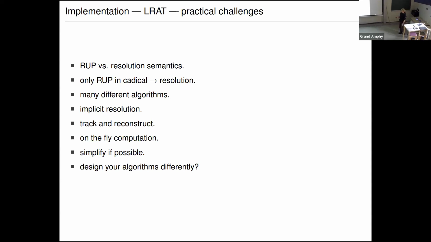I may also simplify algorithms in the sense that it makes it simpler to produce resolution proofs on the fly. So this is kind of an open question, and I feel like this approach of going into the solver afterwards to do the proofs is not always the best.